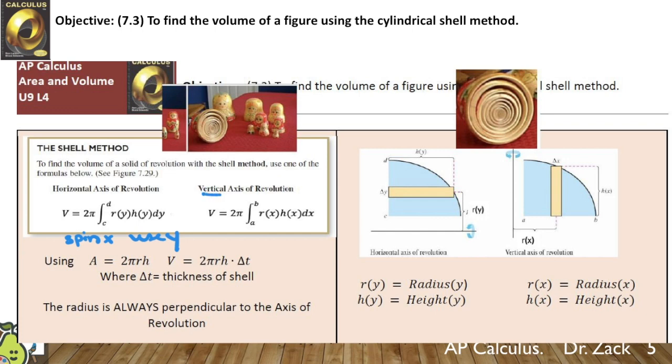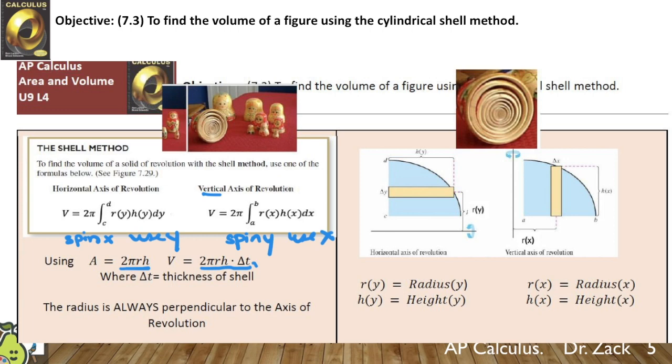When we have a vertical axis of revolution, we're going to spin y, use x. Notice how that's the opposite of the dishwasher method. The area formula we're using is 2 pi rh. And then to find the volume, we're going to multiply it by some sort of delta x or delta y.